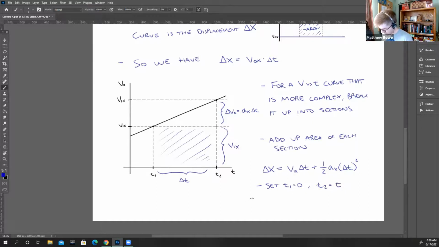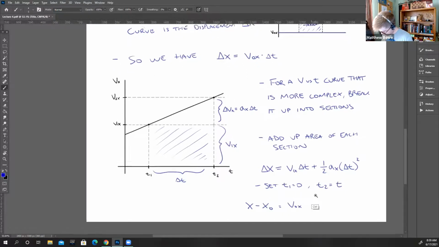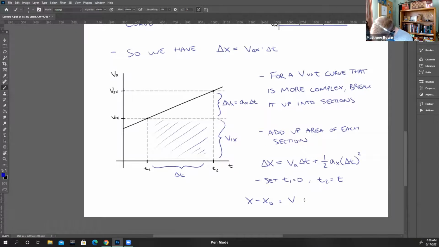What we have is x minus x naught. That is this delta x equals v naught x times time plus 1/2 instantaneous acceleration, and it's a constant value, times time squared.